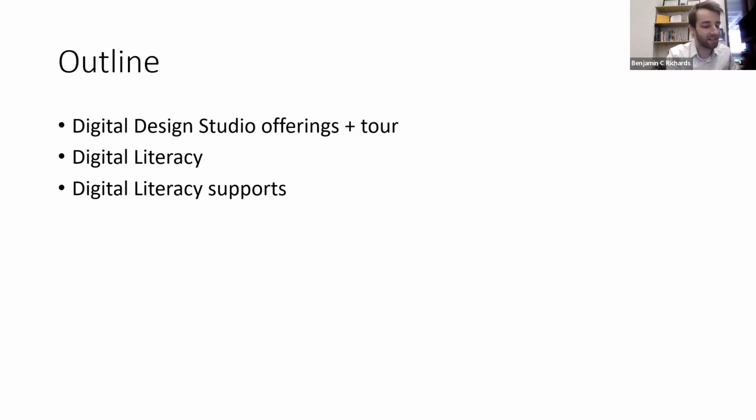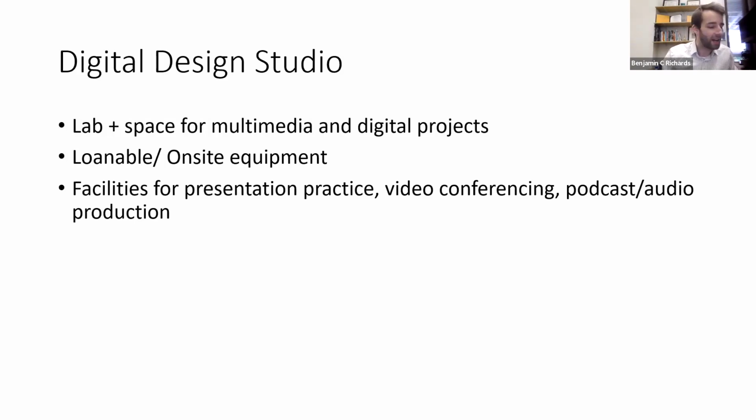Kelly already kind of talked about what I do at the university. When I'm telling people what the Digital Design Studio is, I usually tell them that it's a space where students can do creative and multimedia and multimodal work. So we have a lab set up with software that students need to do that kind of work.